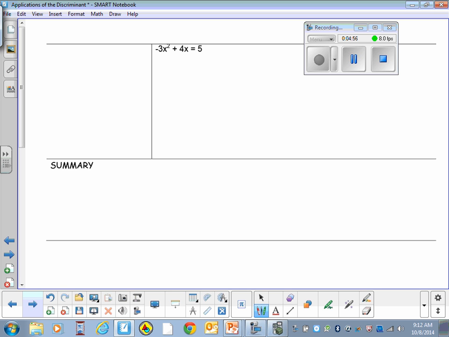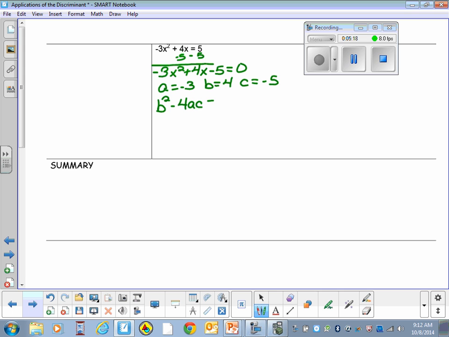Last one. I need to move the 5 to the other side before I can start. Remember, this has to equal 0. So negative 3x squared plus 4x minus 5 equals 0. A equals negative 3, B equals 4, C equals negative 5. The discriminant is b squared minus 4ac. So 4 squared minus 4 times negative 3 times negative 5.